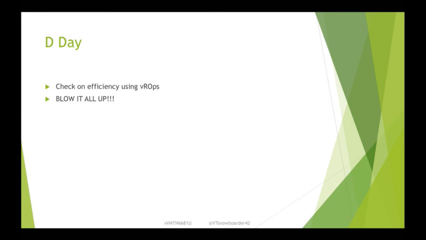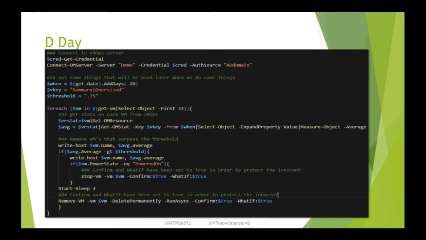In this snippet, we're going to pull one of the metrics that's used in that report, do some simple mathematical equations on it just because it's a demo. And then if we cross a certain threshold of how oversized you are, we're just going to pop the machine. You can see there, if it's powered on, we don't really care, so we're just going to hard power it off, and then go on and remove the VM.